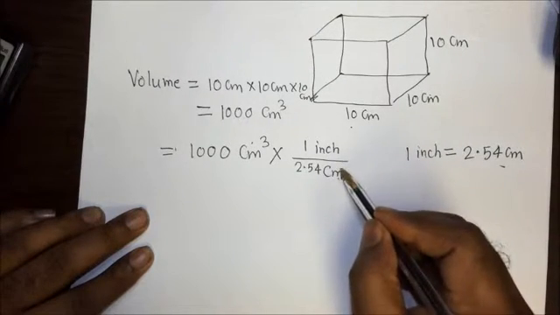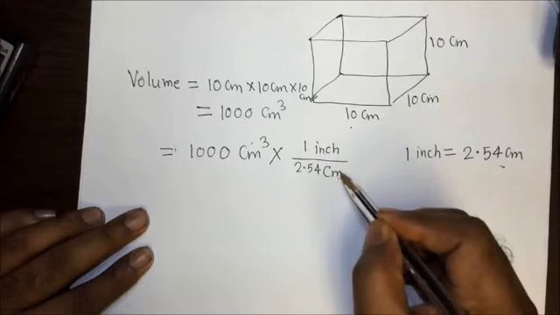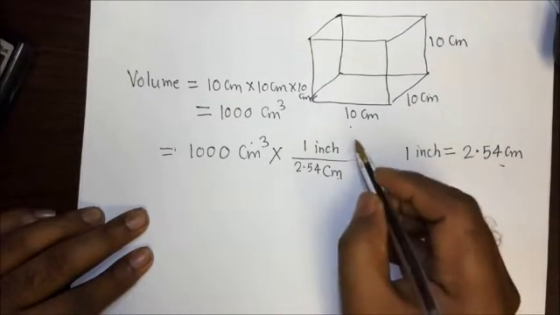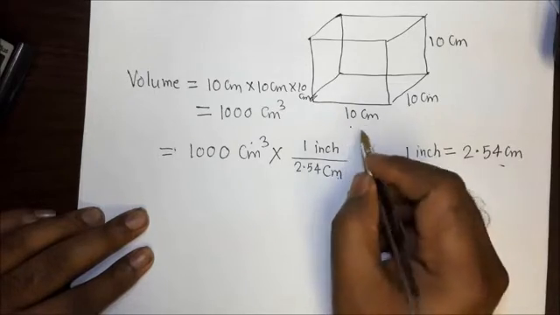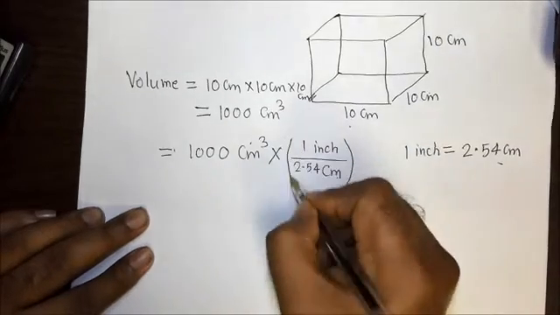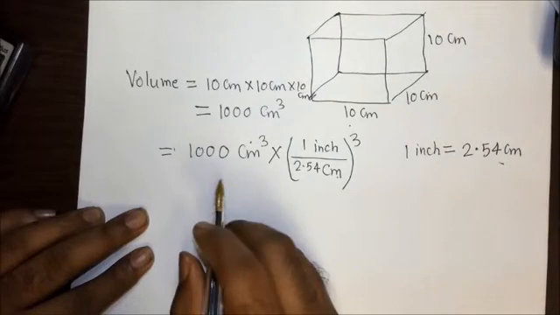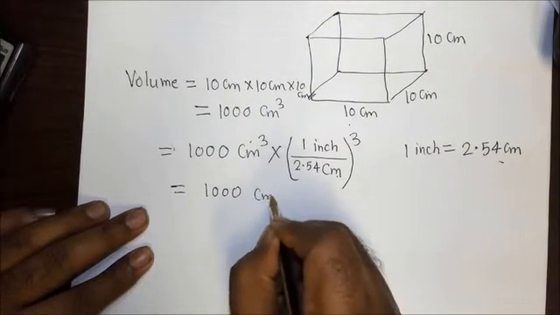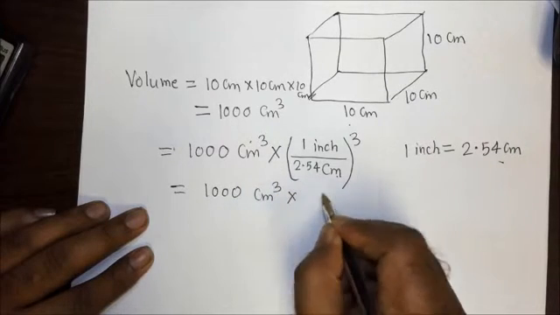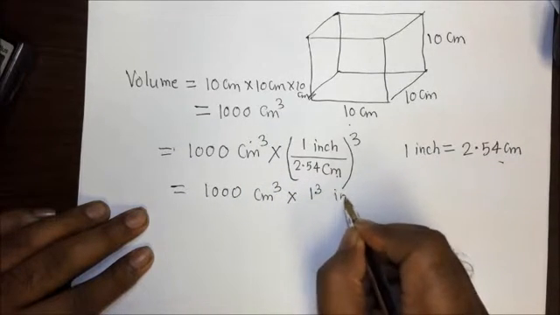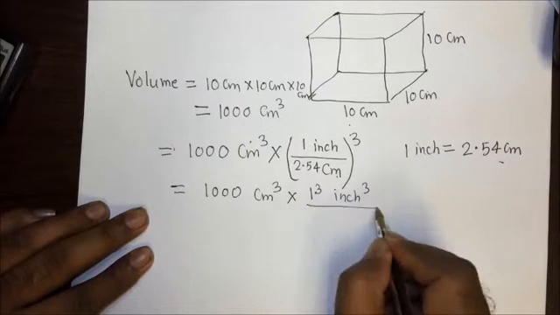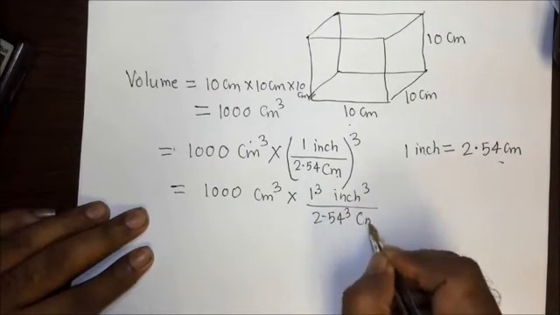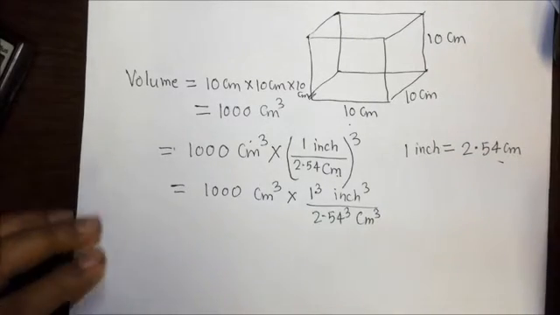So I cannot cube just these units, I have to cube the numbers too. So I can cube right here. That cubes the whole thing. So this gives you 1000 centimeter cube times 1 cube inch cube over 2.54 cube centimeter cube. Let's see what happens.